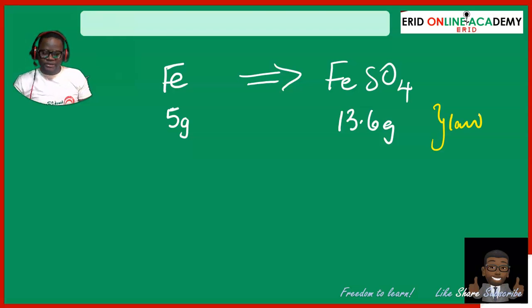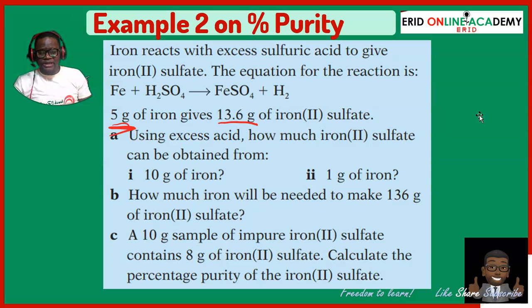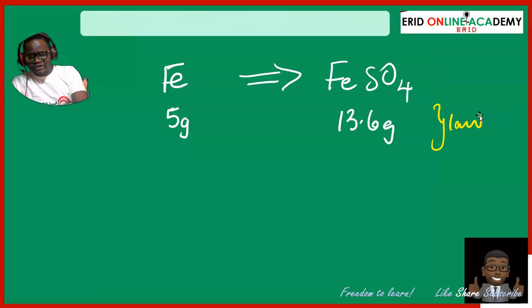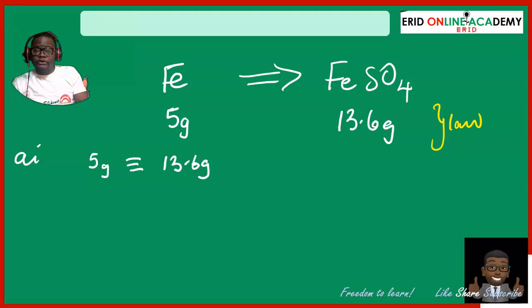So having said that, this first part says, if you use 10 gram of iron, what mass of iron 2 sulfate can be obtained from that? So let's take the first part of the question, that is the A part. We know that 5 gram of iron, when fully utilized, produces 13.6 gram of iron 2 sulfate.